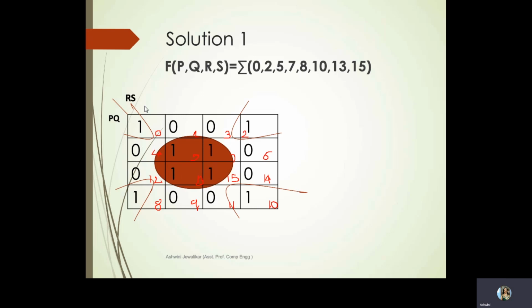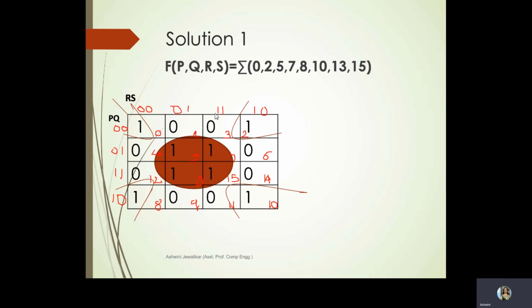Before this I will label it. As all of you know, this is PQRS, so horizontally I am labeling it 0 0, then 0 1, then 1 1 and 1 0. Again, we will label the rows 0 0, 0 1, 1 1 and 1 0. Now we grouped these middle 4 together.